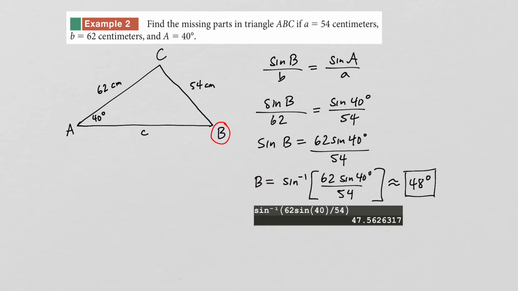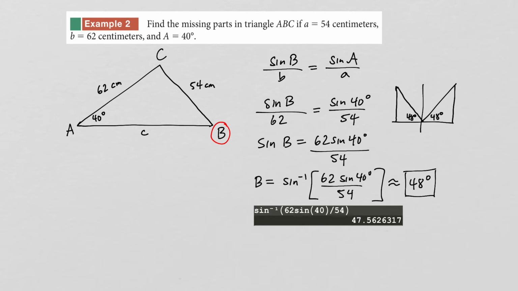So let me show you what I mean. If we know that sine of angle B is a particular value, and we solve for that angle B and we get 48 degrees, which is what happened here, the other possible solution would be an angle in the second quadrant, which has the same reference angle as the angle in the first quadrant.